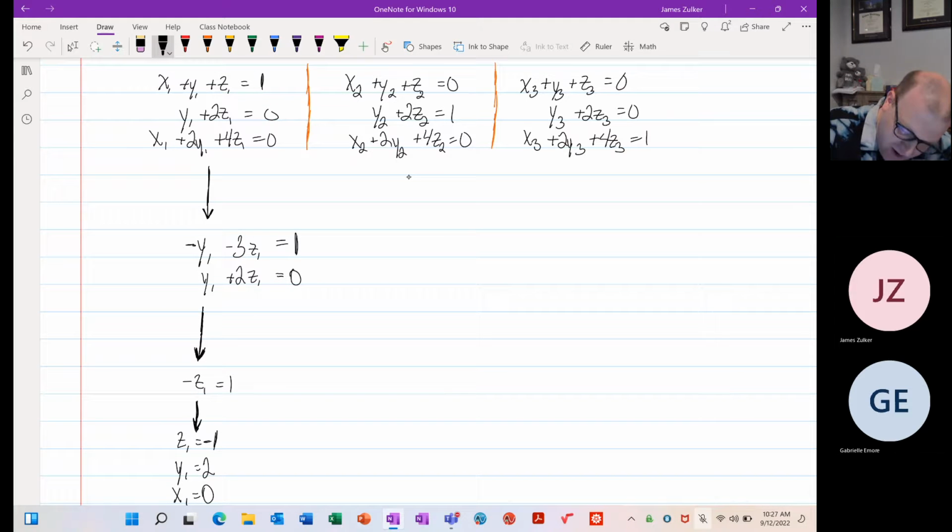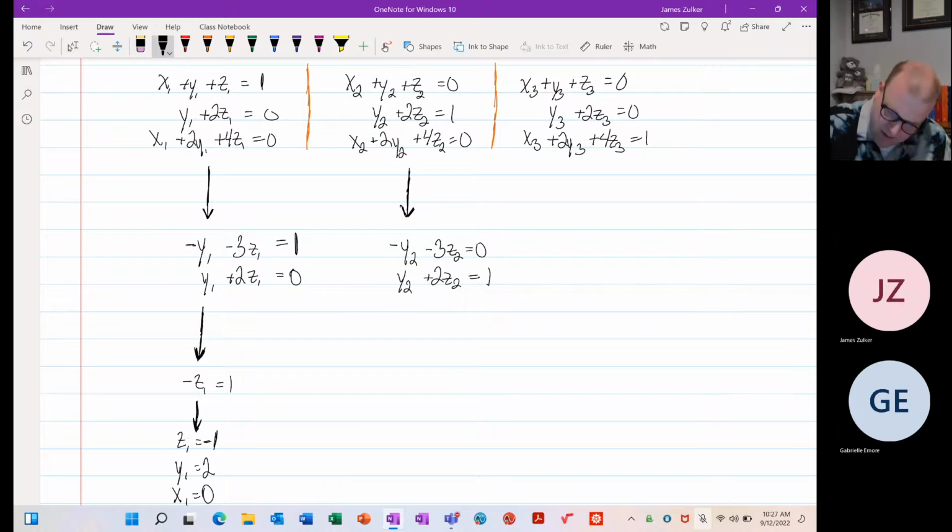Right, and then what I did was perform the exact same operations on the other two systems. Really the only thing that's going to change is the right-hand side of the equations, because those are different values.